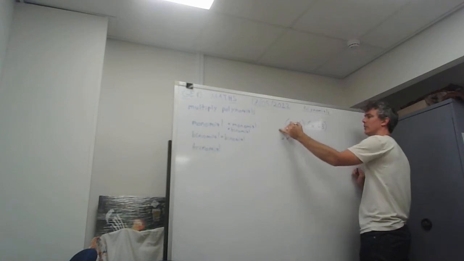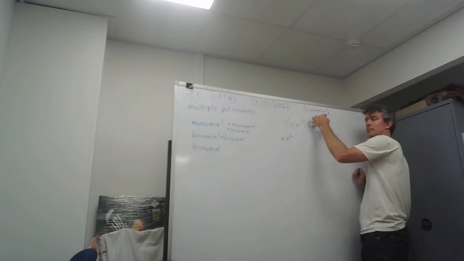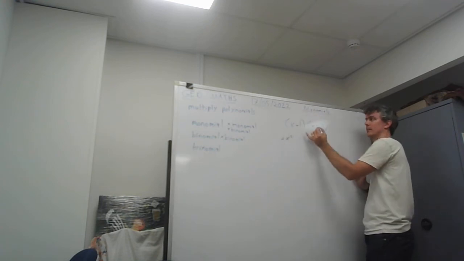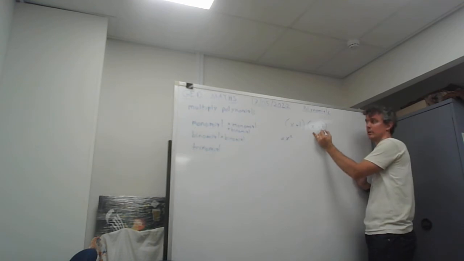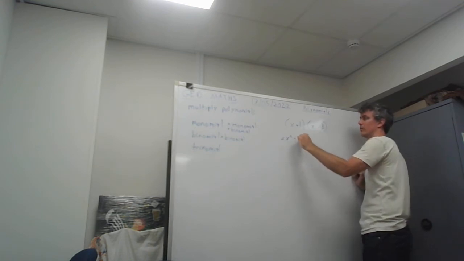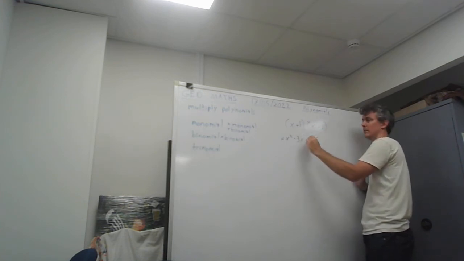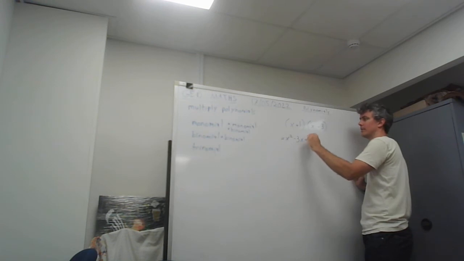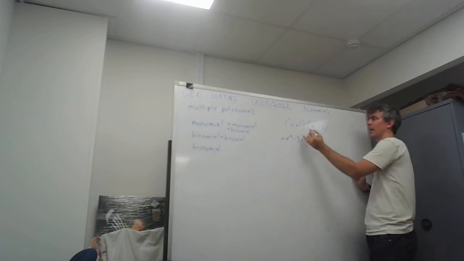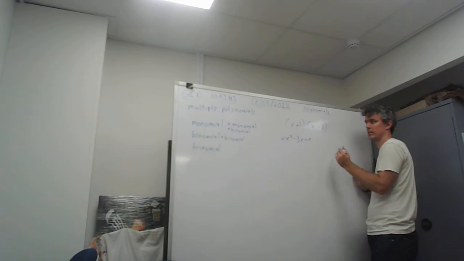Then we stay on this one and go to the next term here. So x times minus 3 is minus 3x. Now we can move on to the next term of this one. So 1 times x is plus x. And then 1 times minus 3 is minus 3.